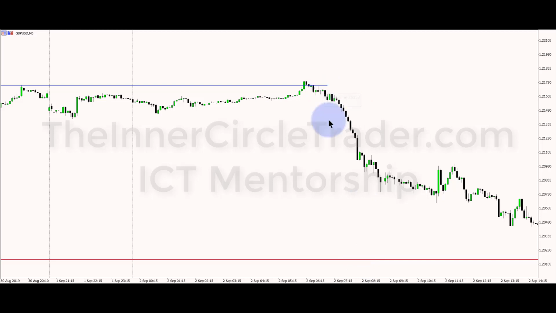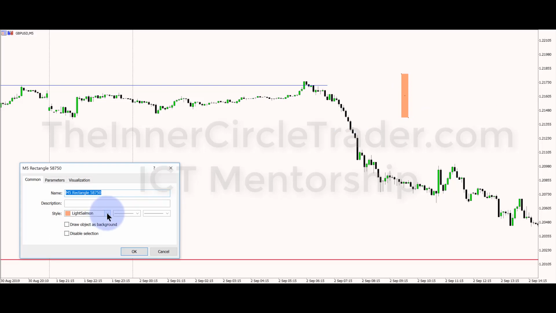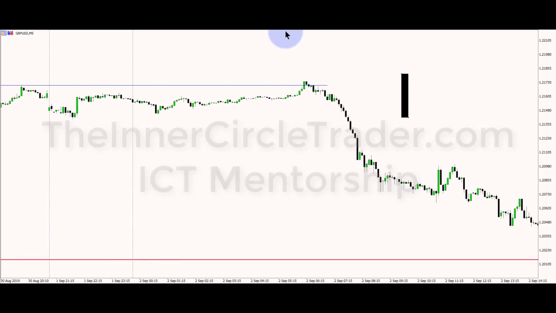So every time we get a single candle, okay, we get a single candle like that, and then we have the previous candle which does not need to be an up or down close. It's just, and I'll show you in a second what I mean.